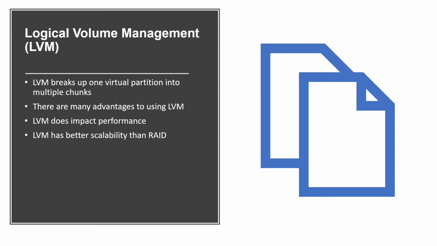Logical Volume Management, LVM. LVM breaks up one virtual partition into multiple chunks, each of which can be on different partitions and/or disks. There are many advantages to using LVM.